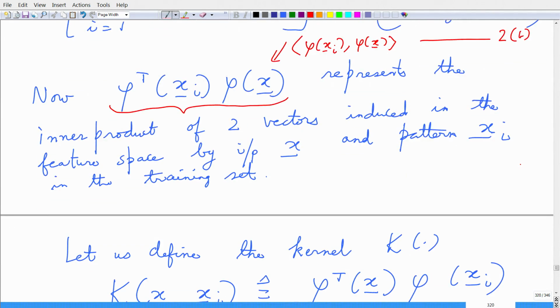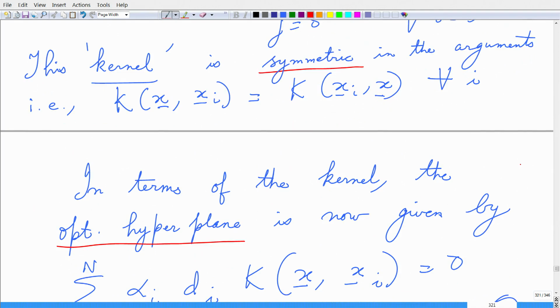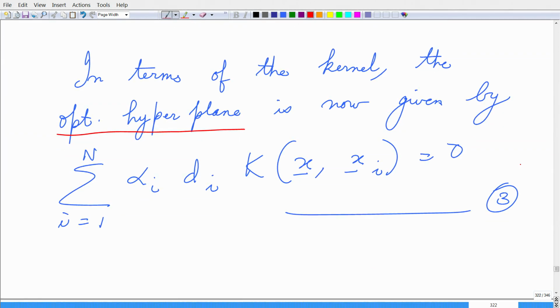So, this is the equation of my optimum hyperplane. Given the kernel, the desired response d sub i and the Lagrange multiplier alpha i, we can compute the optimum hyperplane in this manner.